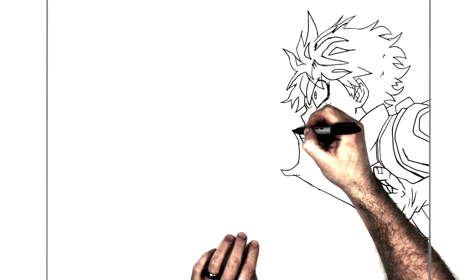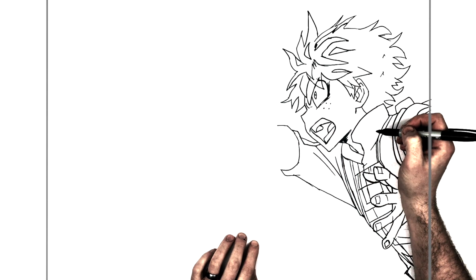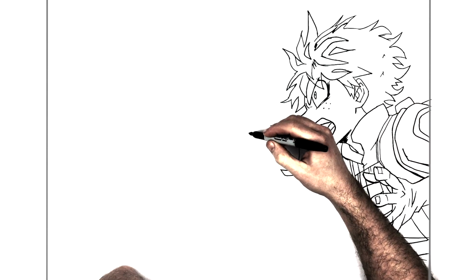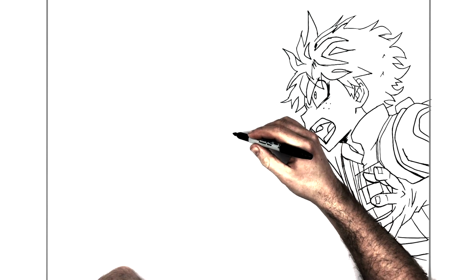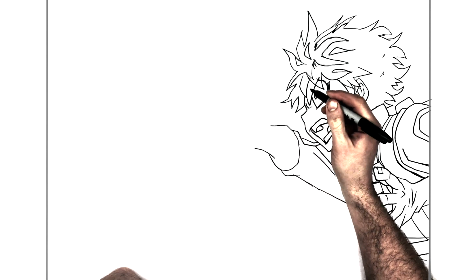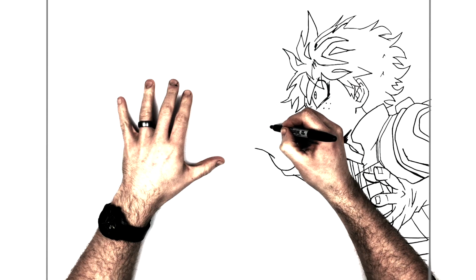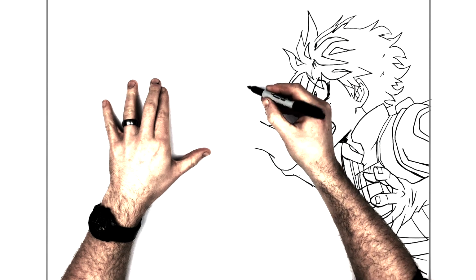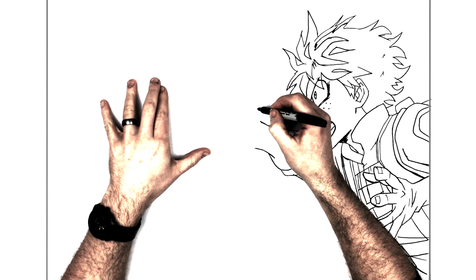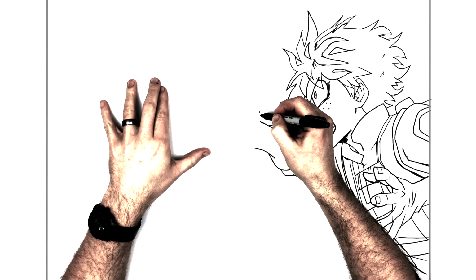So his forearm, we go up, across, coming out of here. And then the underneath line for his forearm, just here. And then comes up like so. This line comes up to the back of his hand, just there. And then the back of his hand is going to start like here.